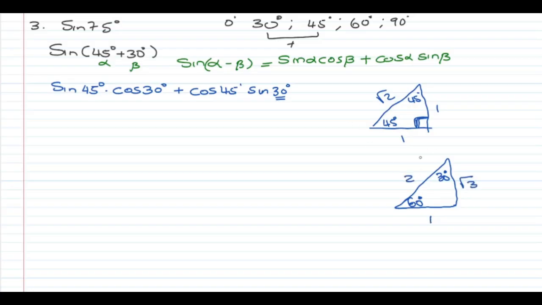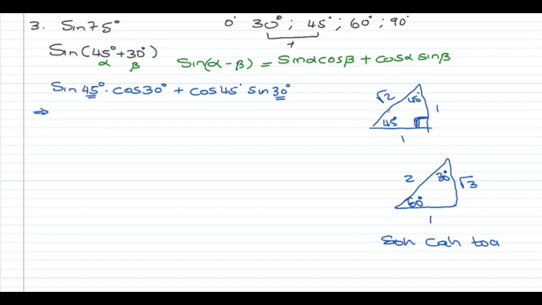Let's use this triangle to substitute in the sine 45. I'm just going to use SOHCAHTOA and say that sine is opposite over hypotenuse, but we need to focus on the angle 45.